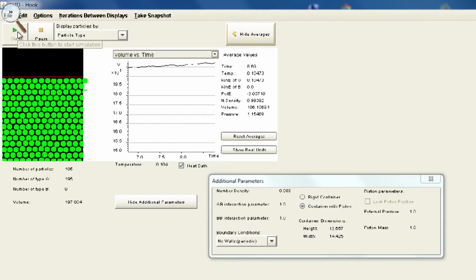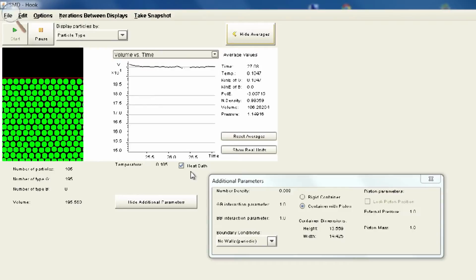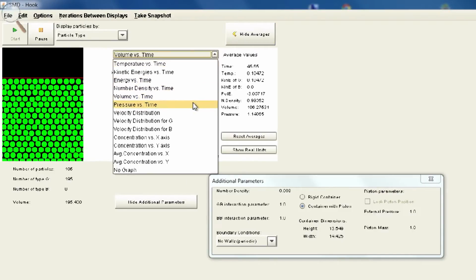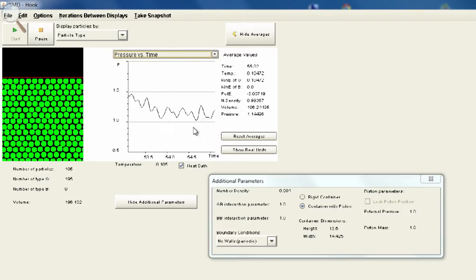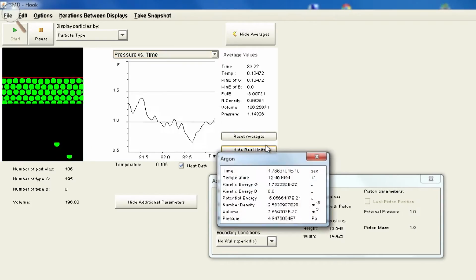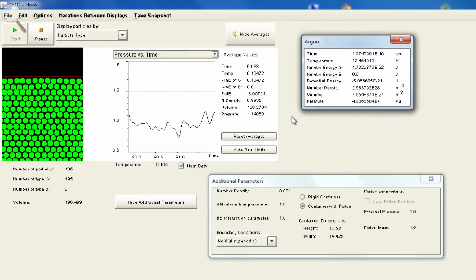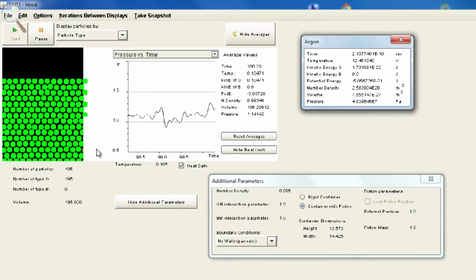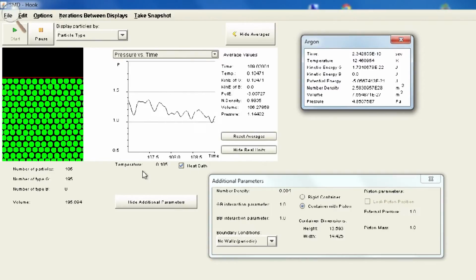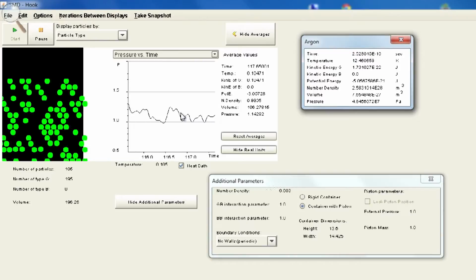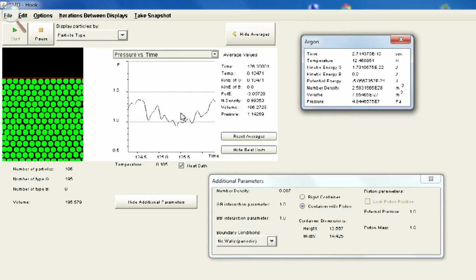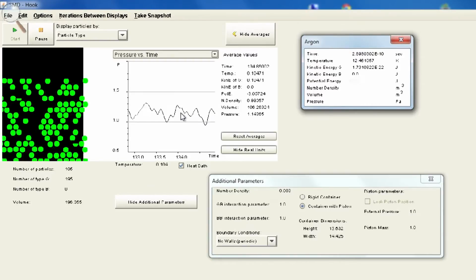Now you can see that this system is at constant pressure and temperature, NPT. Let us look at the volume, which is changing but is sinusoidal. This is another sinusoidal curve, and this is NPT. Let us show the real units. Now we are looking at the system getting to equilibrium, and this sinusoidal curve will damp to almost a straight line, which is what is happening now.